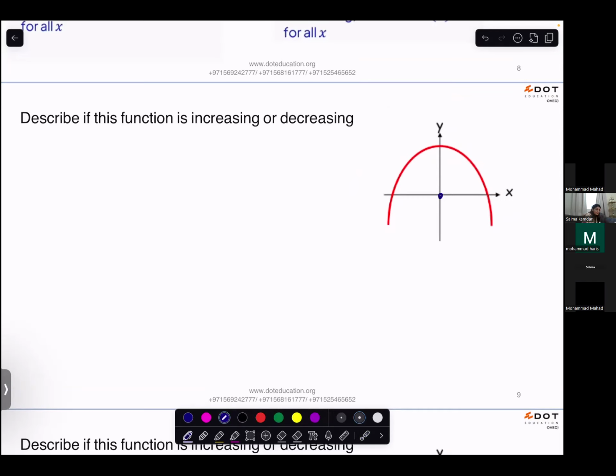Over here, x is equal to? At this point, my x will be equal to 0. Very good. Now, can you tell me where is the function increasing? Where is the function decreasing?